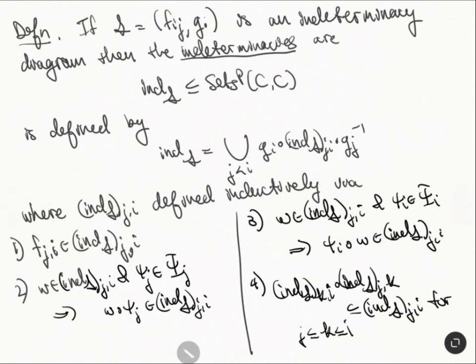Then we take a left closure and right closure under the monoid actions, and finally, if we have an indeterminacy to a middle node, we can take one of those maps and then compose it with one from the middle node to the end node, and get something that's in our indeterminacies. So those are the closure conditions.